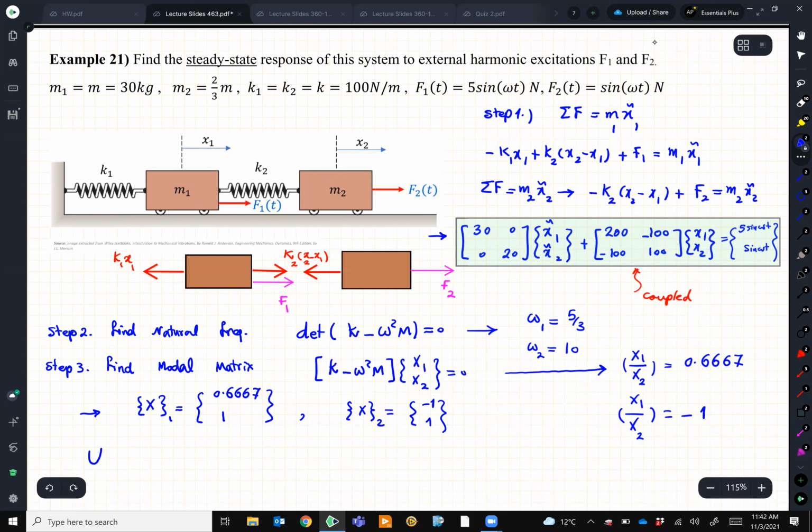Your modal matrix, you just put them in columns. That's your modal matrix. That's the most important part for this system. This is what makes our system independent and lets us do a lot of work with it.